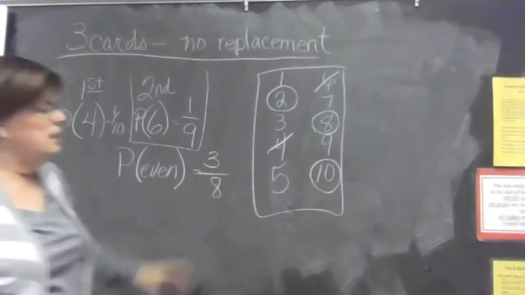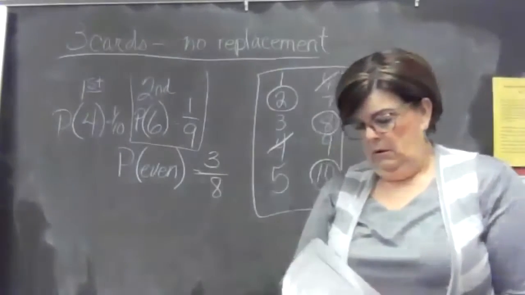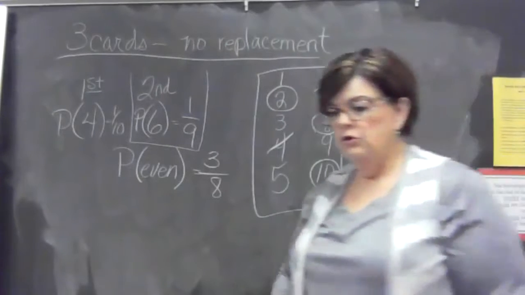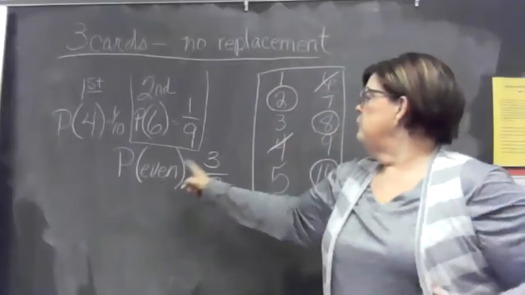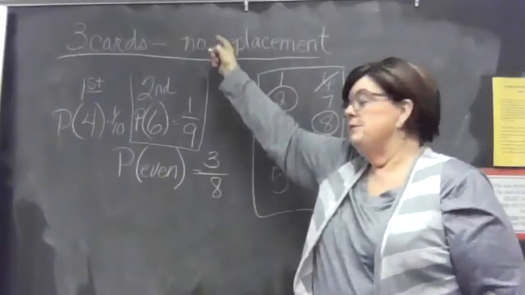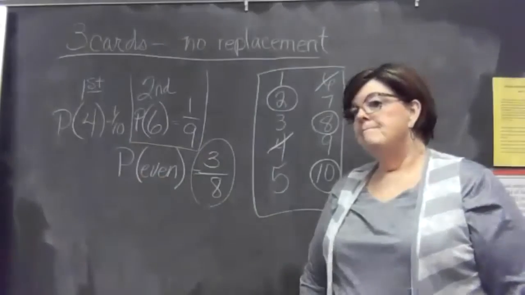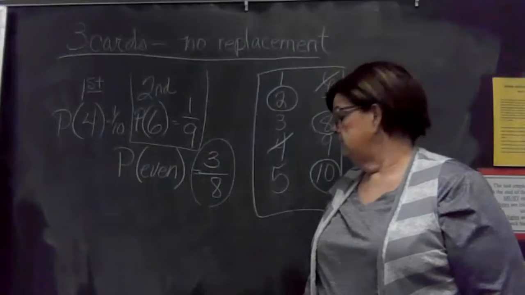I don't know if it's 3 out of 8 or we have to multiply these. The probability of getting an even number on the third draw without replacement is 3/8. Do y'all understand why?